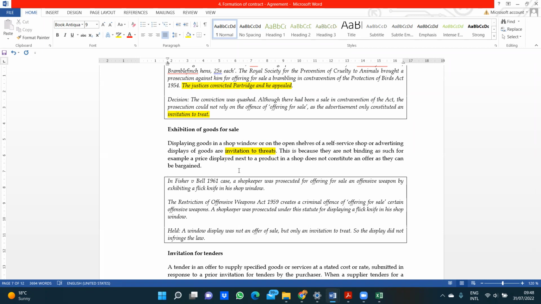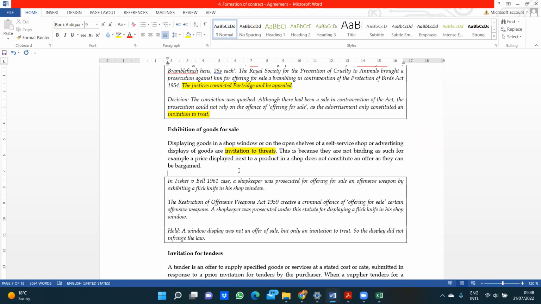If it is accepted by the seller, for example, in a situation whereby the buyer offers to buy for a reduced price and the seller agrees to it, the offer made by the buyer to buy at a reduced price is actually the offer, and the acceptance occurs if the seller agrees to sell at this reduced price.